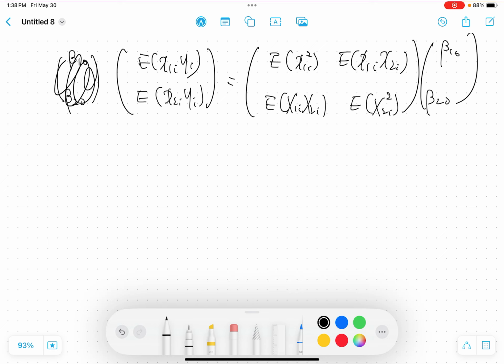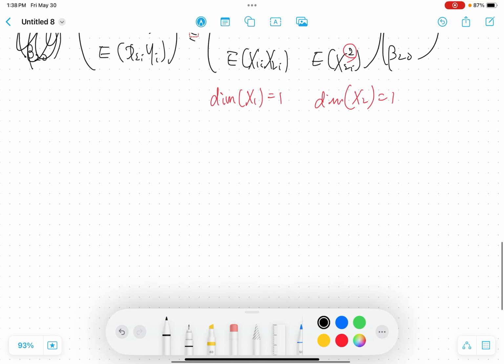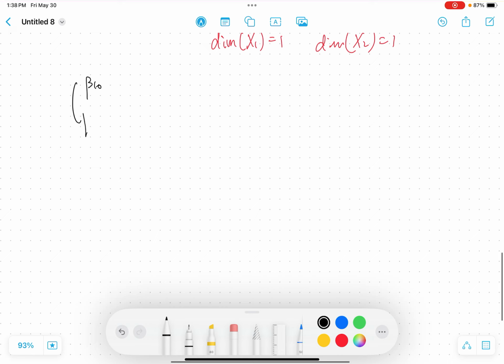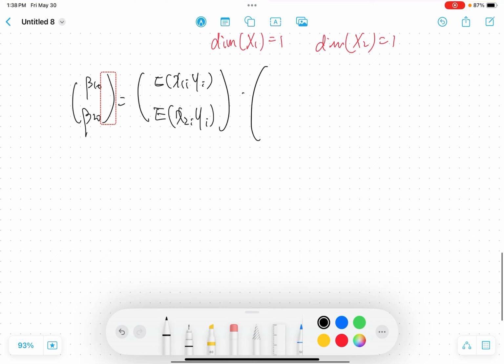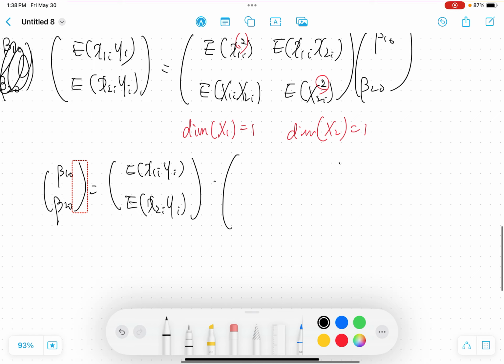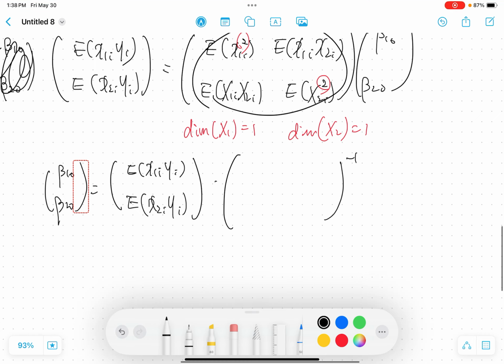This is great. But this guy did not say so, but needed the assumption that the dimension of x1 is 1 and the dimension of x2 is 1 to write it as a square matrix. This is true. And then this guy wrote beta 10, beta 20 equals expectation x1i yi, expectation x2i yi times this 2 by 2 matrix inverse.